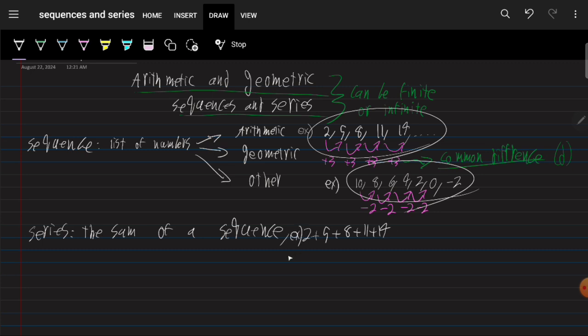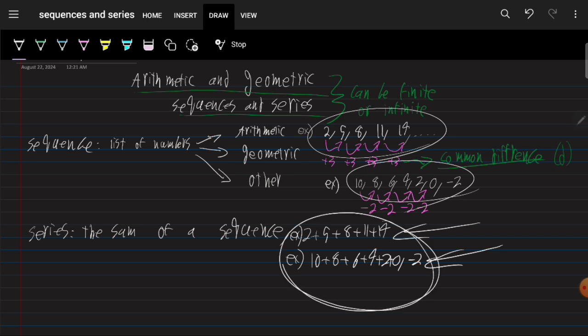So this is one example. Here's another example. These would now be referred to as series, two separate series. So this and this are series, and in this case, these two would be arithmetic series.